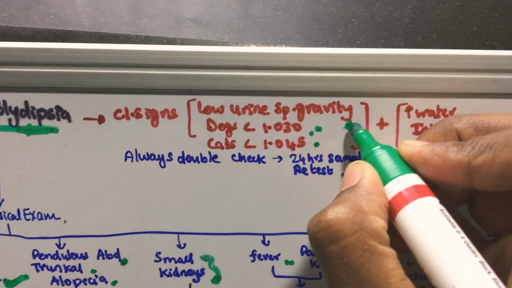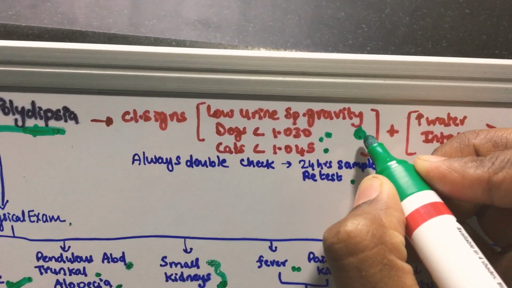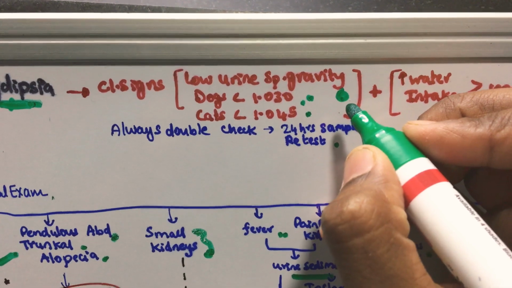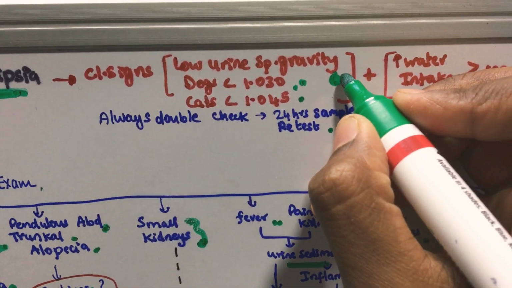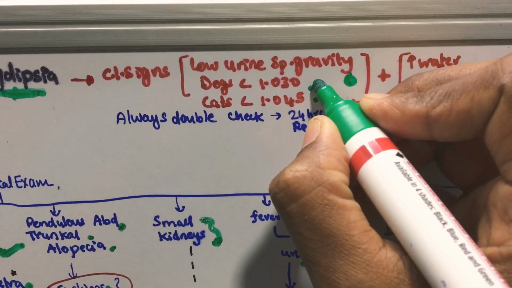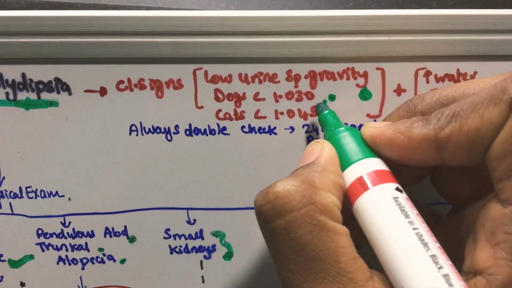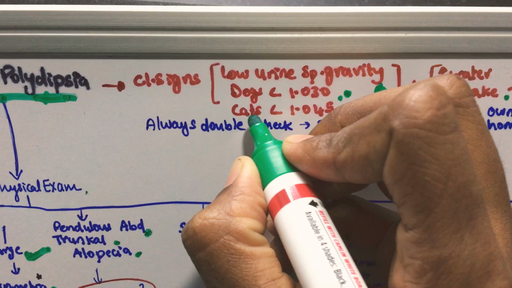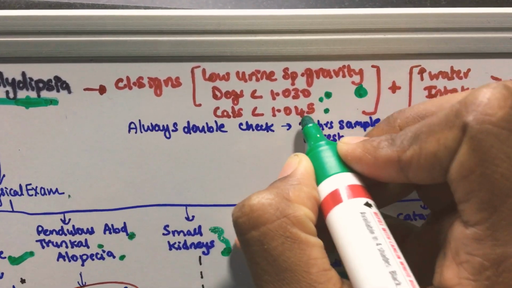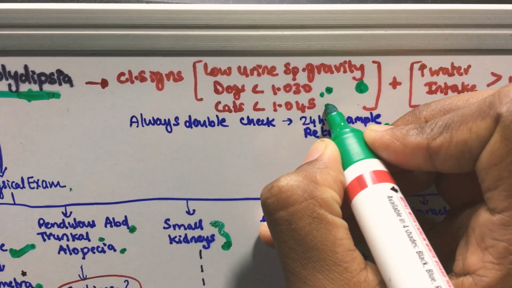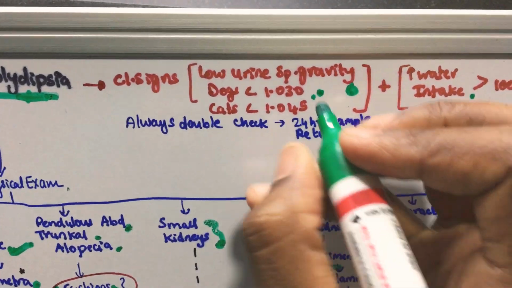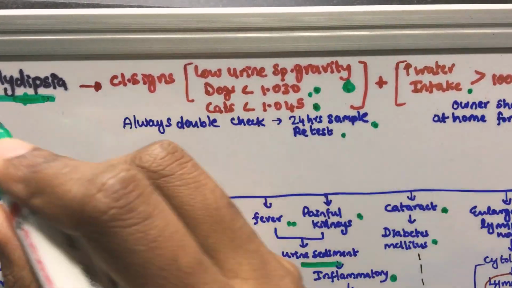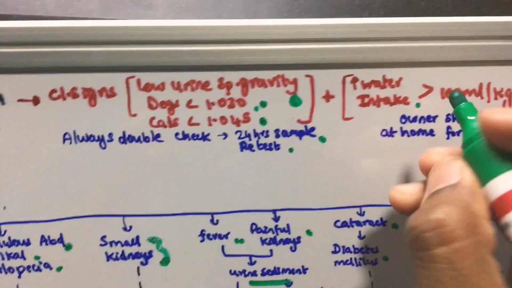Specific gravity is usually low in case of polyuria because the urine is excessively diluted. So, in dogs, if the specific gravity is less than 1.030 and in cats if it is less than 1.045, then it can be considered as low specific gravity due to polyuria.